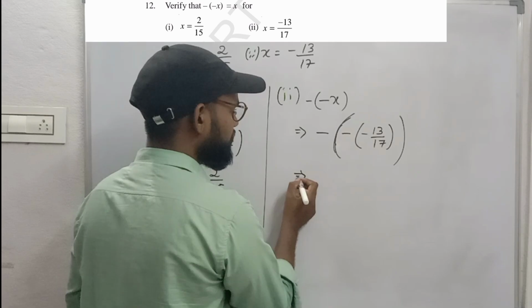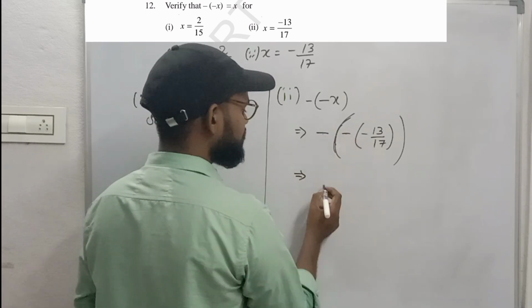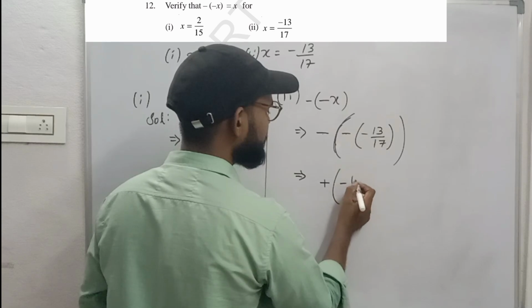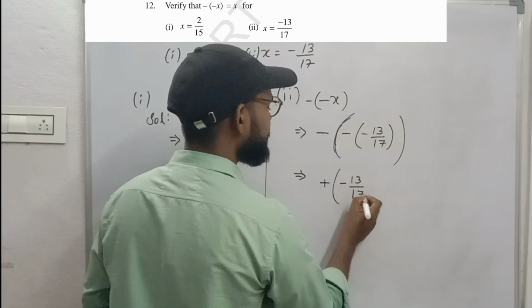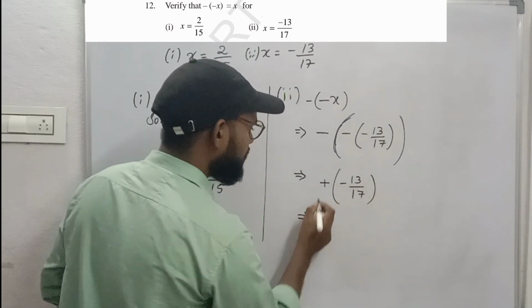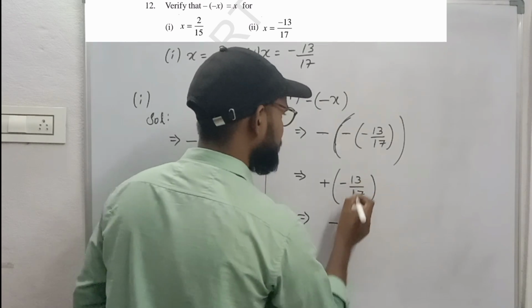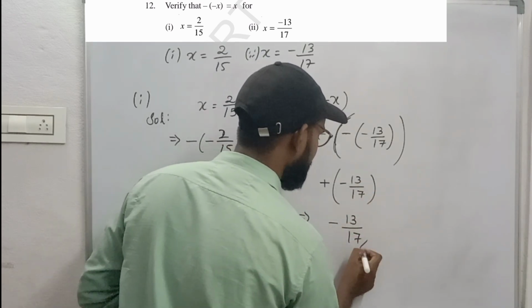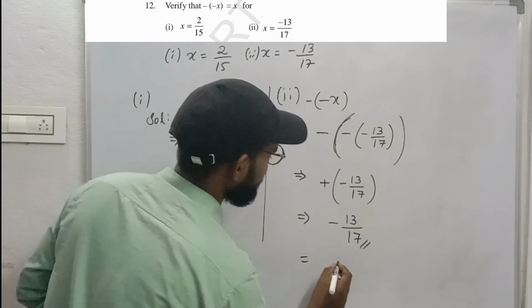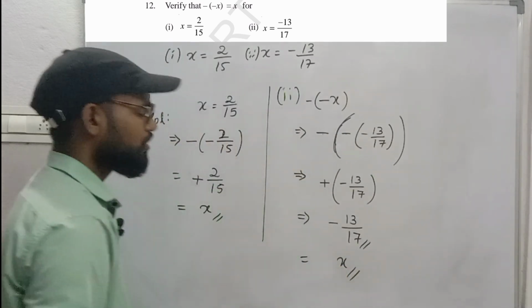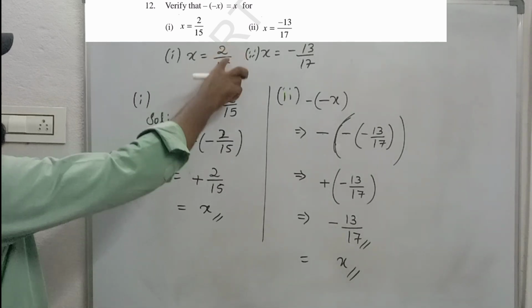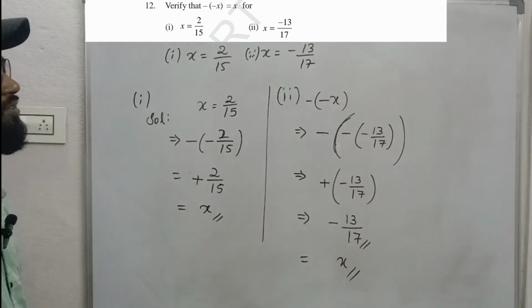Now multiply this minus into minus, plus, of minus 13 by 17. Next step, plus into minus is minus. That is nothing but 13 by 17. Is it equal to minus x or x? It is equal to x. So that is verified. The 12th problem is verified, where one x value is 2 by 15 and another x value is minus 13 by 17.